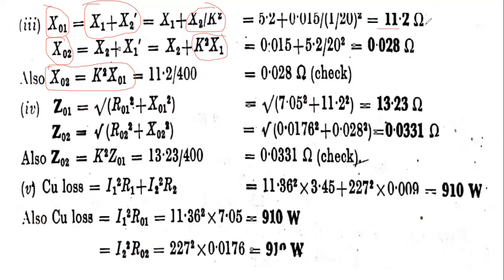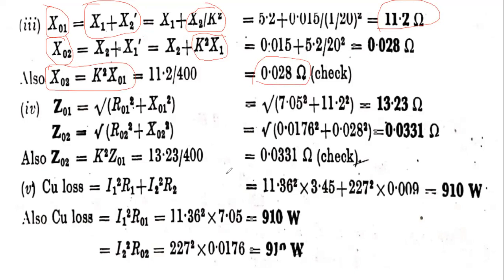Its value is 11.2 ohms, and K is 1 by 20, so 11.2 into 1 by 20 whole square. Therefore, X02 is equal to 0.028.